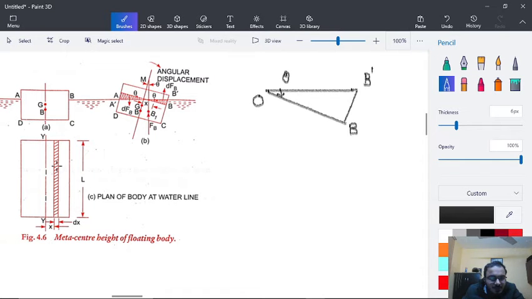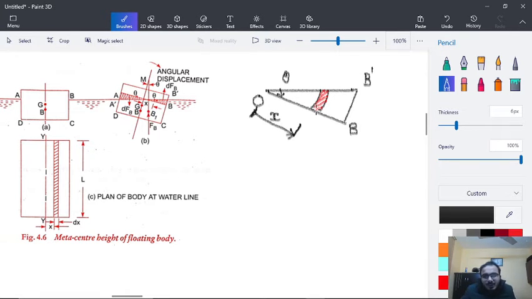So here we have taken a small strip at a distance of x. So let's say this is the strip that we have taken, which is at a distance of x. So this will be the distance x.